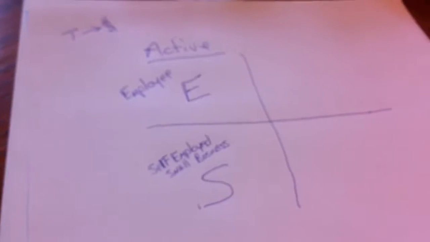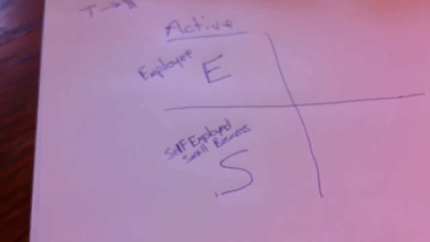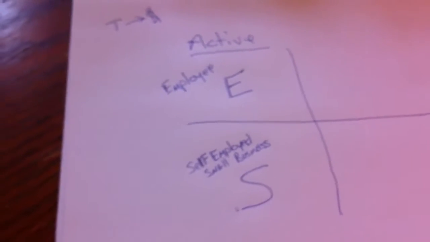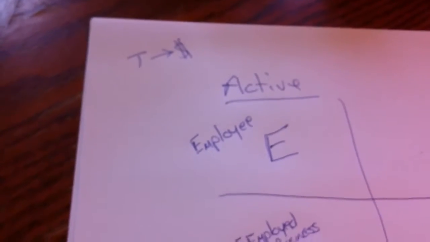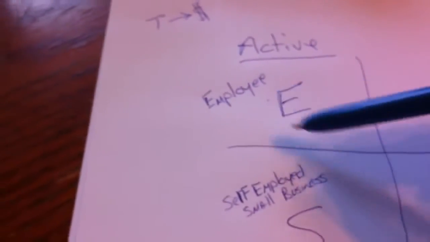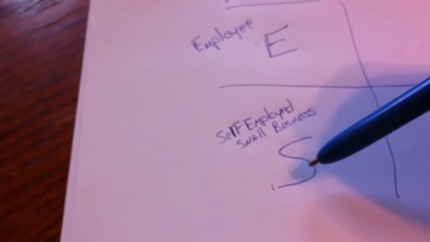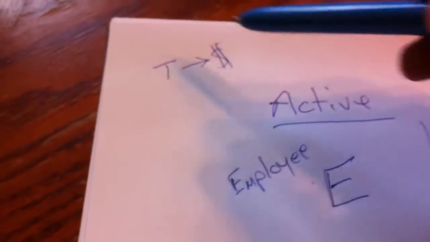If you haven't gone on my YouTube channel and watched my SpongeBob diagram, it'd be a good time to do that after this. That explains a little bit about time and money and how it relates to your life.